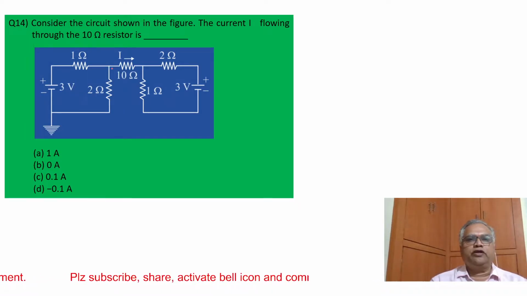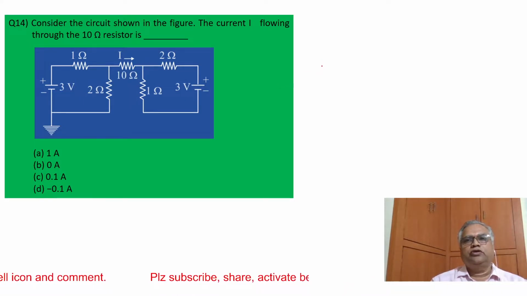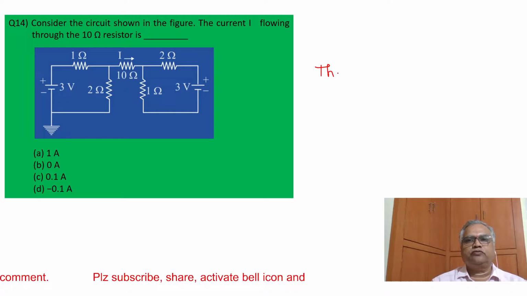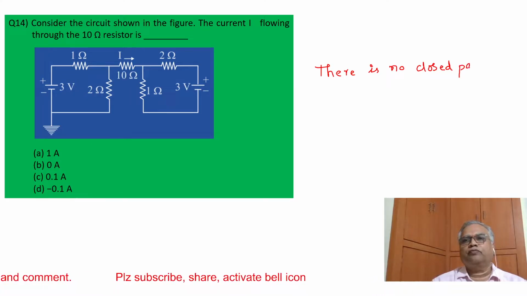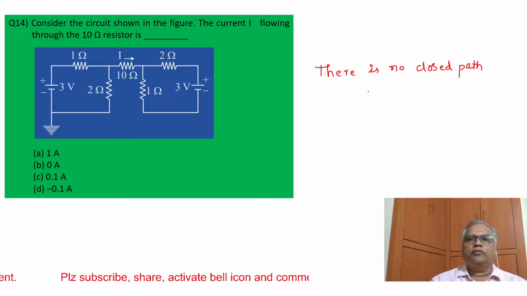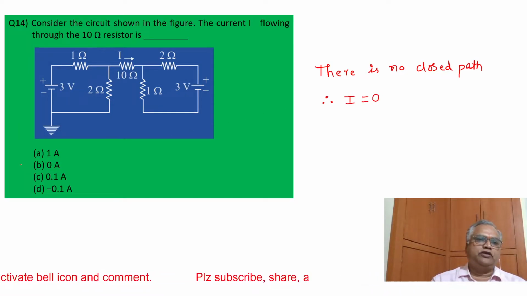If current is going, it should come back. There is no closed path, therefore I is equal to 0. So here B is correct.